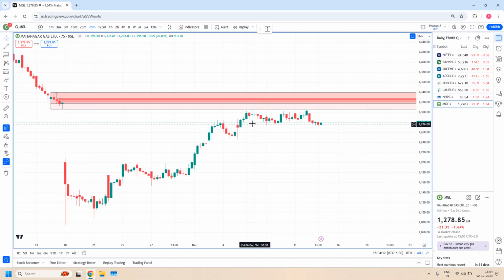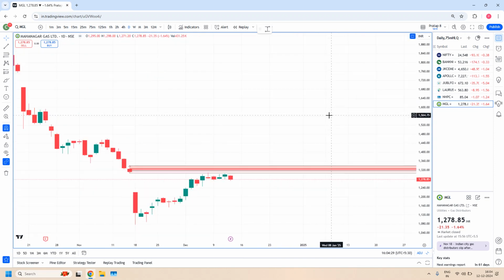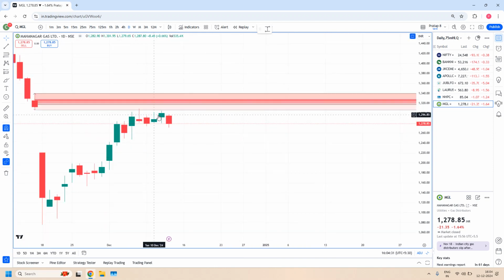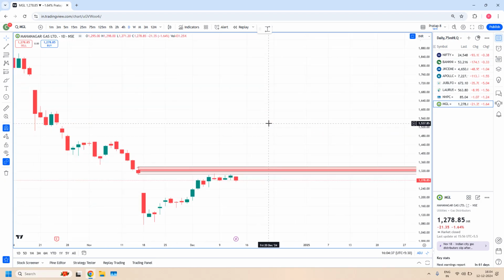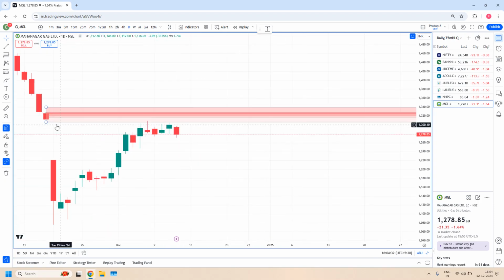I would have explained this to you probably on 5th December when our software might have listed it. On 6th December analysis I might have explained this. Let me go to daily, you will get clarity. I think previously on 5th December, probably 6th, please check the 6th December HLQ analysis video. In that video I explained this MGL.